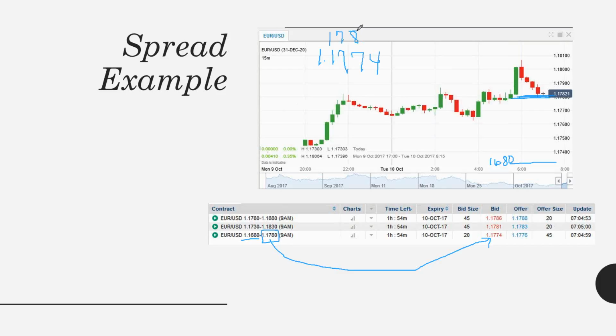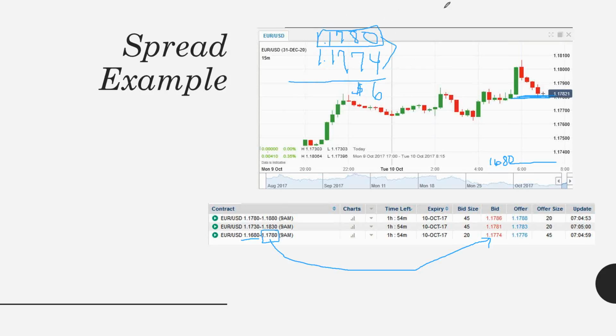Now, what that does is that means that you have a total of $6 of risk. The 1780 is going to limit your risk. You cannot lose more than the difference between 1780 and your entry price.